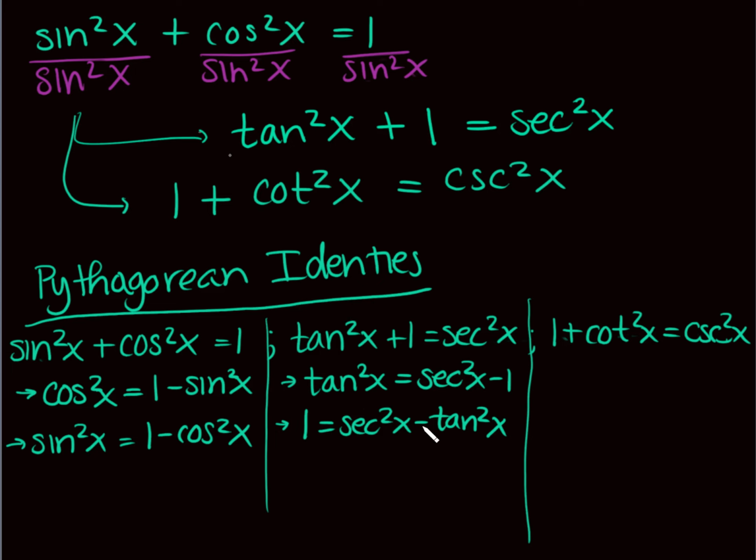I can rewrite it in different ways. And likewise over here, if I solve for cotangent squared, it will be cosecant squared minus 1. Or if I solve for 1, it is equal to cosecant squared minus cotangent squared. That one, I'm going to be honest with you, we don't use a whole lot, but it could come up. Those, again, are all results of those Pythagorean identities.